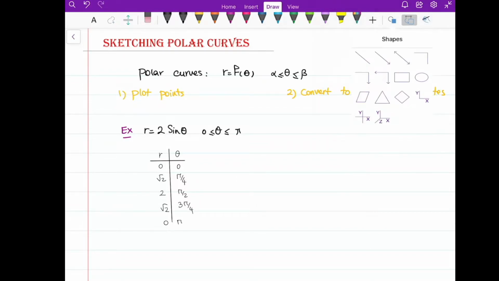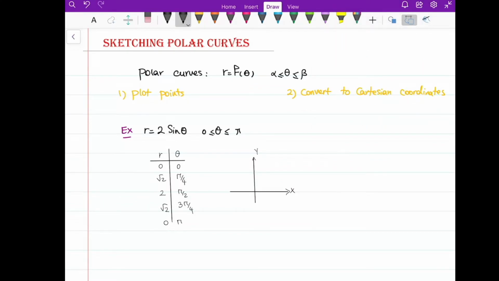Now, let me connect the points and see the equation in the xy plane. Okay. So 0, 0 would be here. Let me use another color. Then I get root 2 and pi over 4. So I'm going to have part of the circle of radius root 2, and I'm going to say that this angle in here is pi over 4.